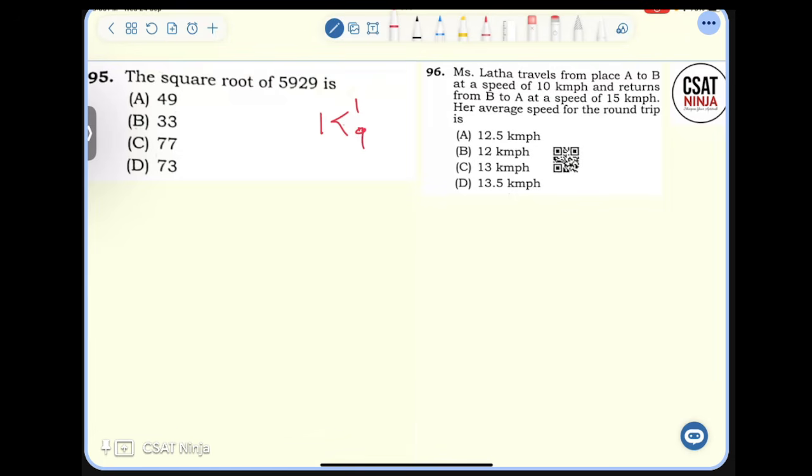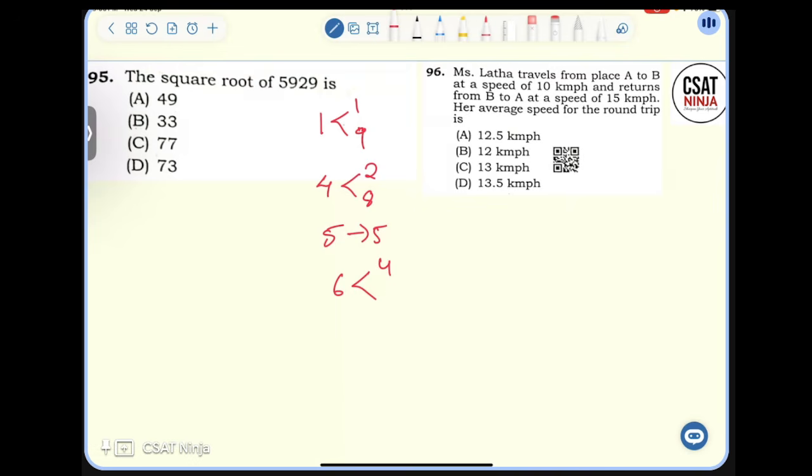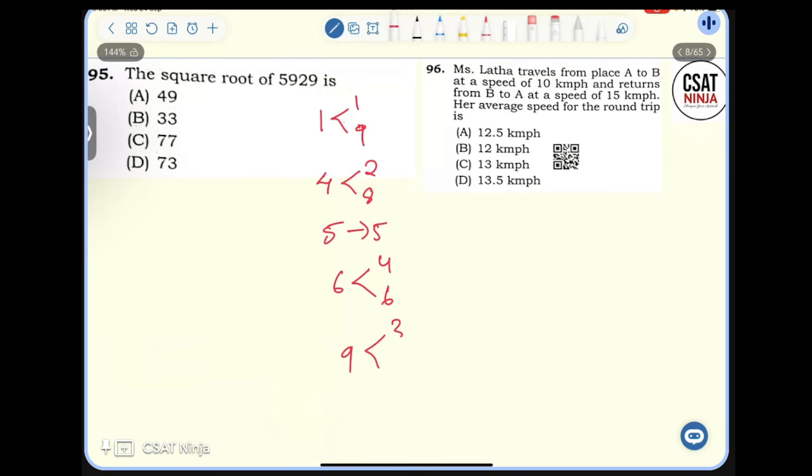And if it is 4, then it is either 2 or 8. And if it is 5, then it will be 5. If it is 6, then it will be 4 or 6. If it is 9, it is 3 or 7. If it is 00, it is 0. I'll just explain this.